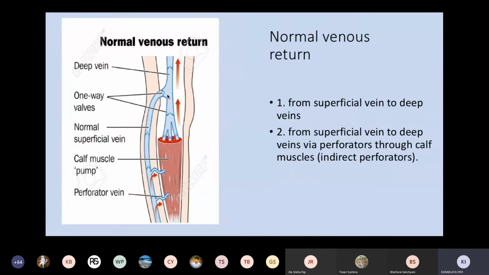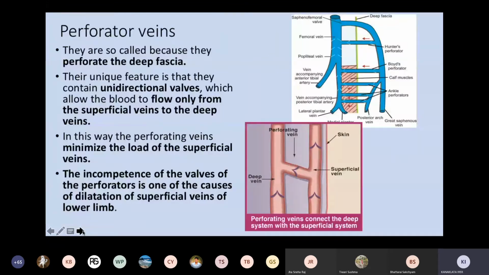There is one more way, that the superficial veins are connected to these deep veins through vessels called perforators, and they perforate the muscles of the calf. Mainly the muscles of the calf, and that is why this is called an indirect communication via the perforators.